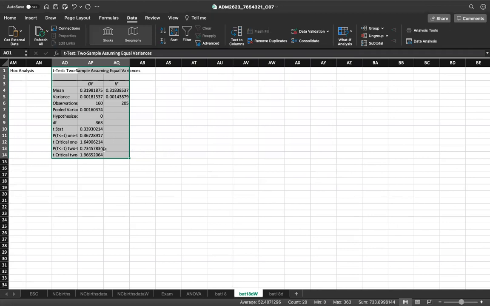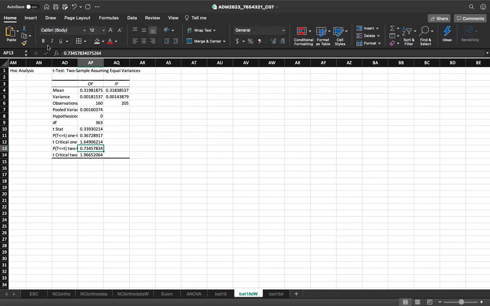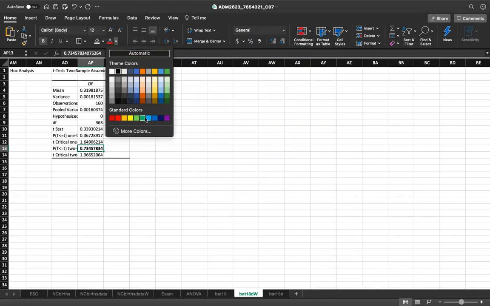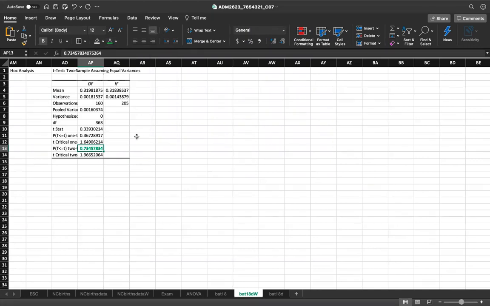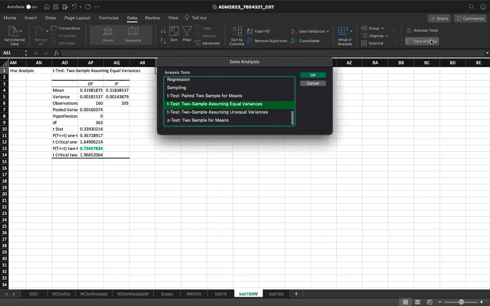And let's look at the critical value for a two-tail, which turns out to be .73. So we don't see any difference between outfielders and the infielders. We can perform the similar test for the other two pairs.